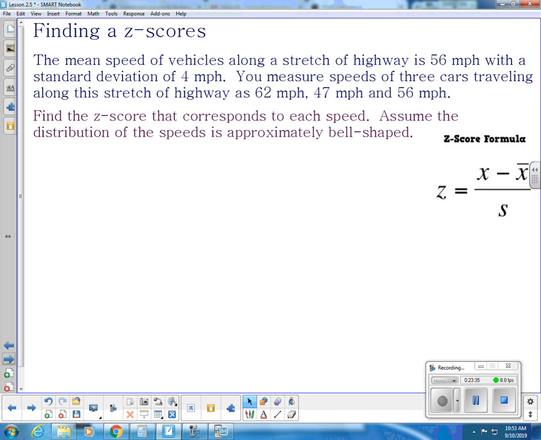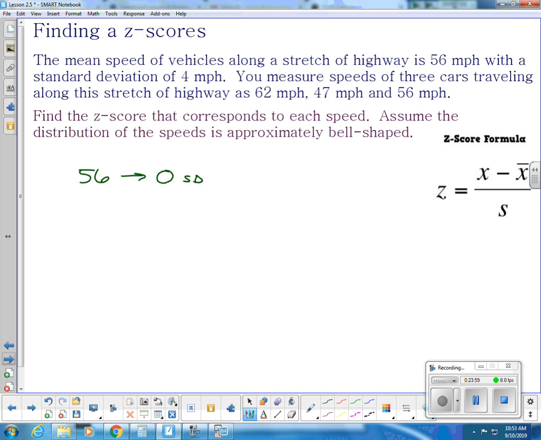If you're below the mean, you should be a negative z-score. All right. Can we do one in our head here? Isn't 56 at the mean? So how many deviations are you from the mean if you're at the mean? 0, okay? So 56 is 0 standard deviations.